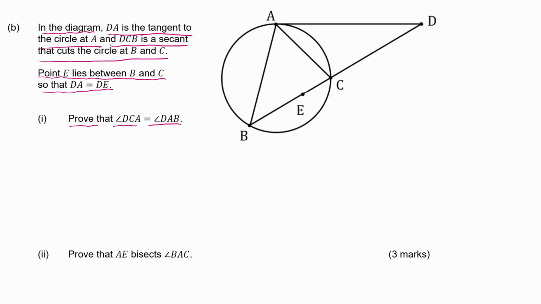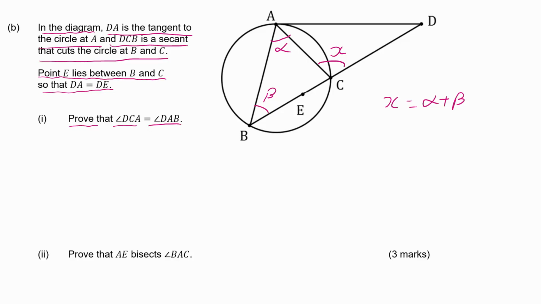Well, let's call DCA, let's call that X for the moment. And if I call this angle here alpha and this one here beta, then X is going to be equal to alpha plus beta, because X is the exterior angle of that triangle.